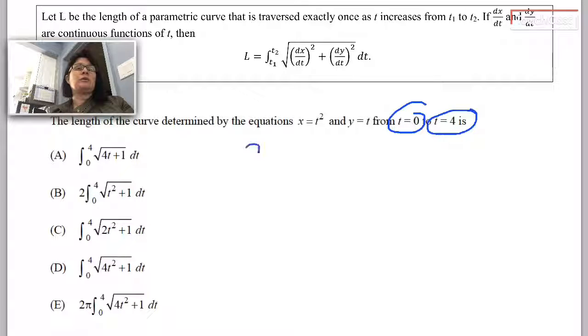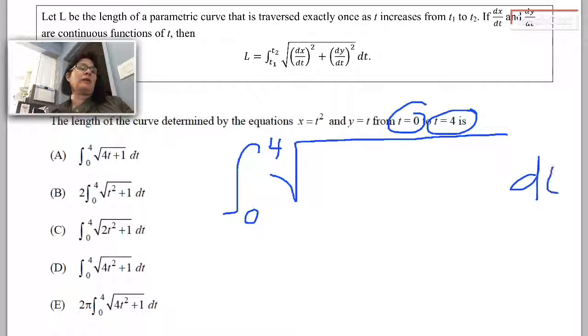I might as well do this problem here. The length of the curve determined by the equations x equals t squared and y equals t. So it's going to be the integral from 0 to 4 of one big radical, and this is supposed to look like the Pythagorean theorem: the change in the x-coordinate squared plus the change in the y-coordinate squared. Well, change is derivative.